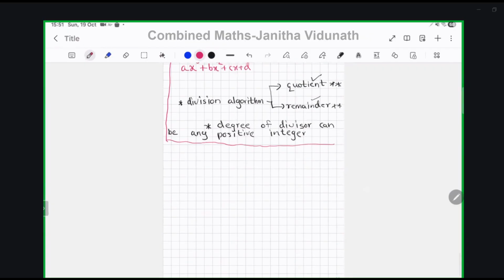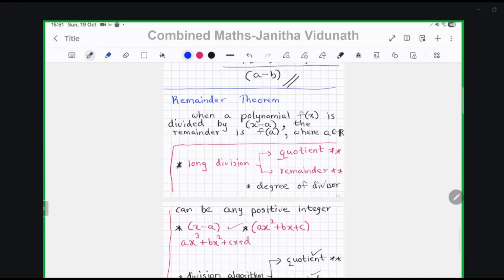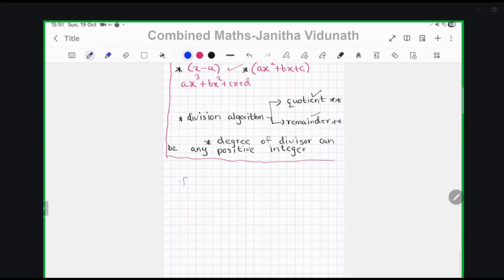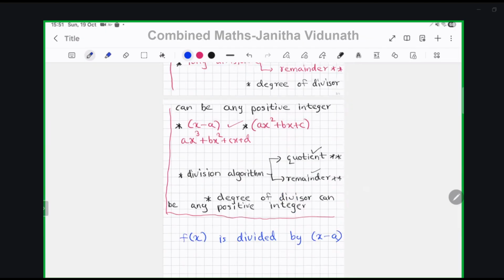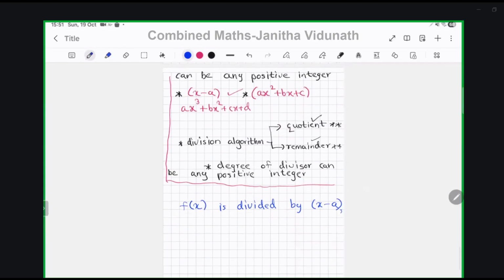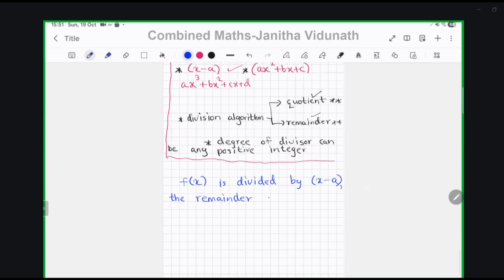Okay. Now we are going to learn about the remainder theorem. In our remainder theorem, they have said that if our polynomial f(x) is divided by x minus a, then the remainder is equal to f(a).